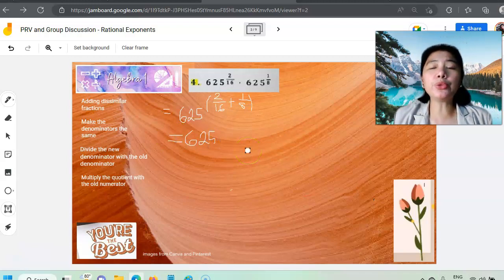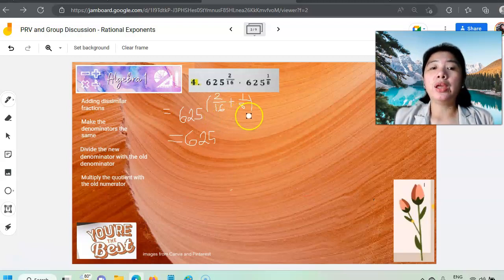So how to handle dissimilar fractions? Make them similar. Most likely the new denominator is the bigger denominator. The bigger denominator is 16. Ask yourself, is 16 a multiple of 8? Or is 8 a factor of 16? Or divide the bigger denominator, 16, by 8. 16 divided by 8 is 2.